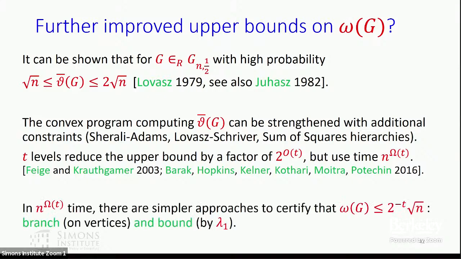And in fact, if you're willing to spend time n to the order t, you don't need any of these hierarchies. There are simpler algorithms that would show that there are no cliques of size square root n divided by 2 to the t. You don't need convex programming at all. Just branch and bound and eigenvalue computations would do it for you.